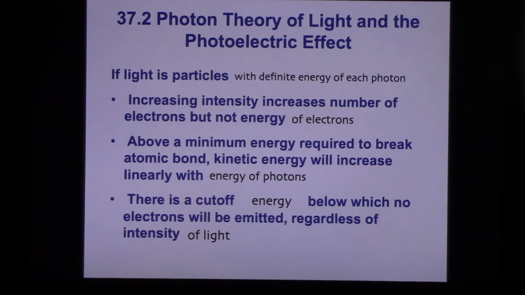So the idea that Einstein came up with, once Planck had introduced this idea of light having fundamental units, was that Einstein jumped on this and said, look, it's just particles. Light's made out of particles.